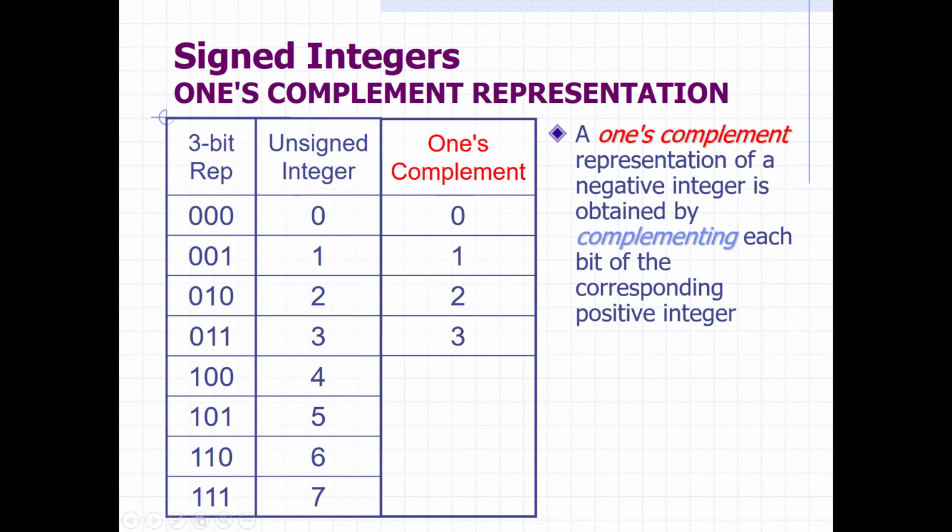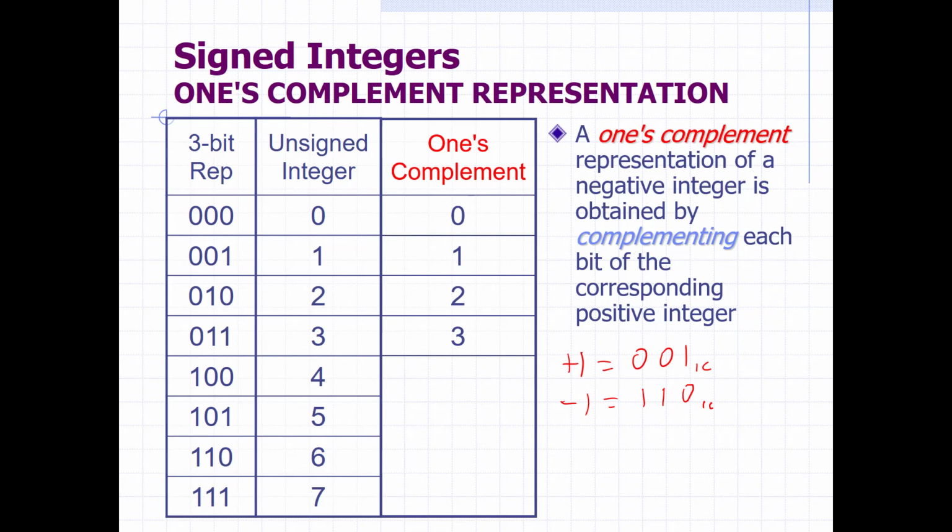So for example, the number positive 1 will be 0, 0, 1 on 3 bits. So to figure out negative 1, I'm just going to change them all. 1, 1, 0. I'll put a subscript 1c for ones complement.